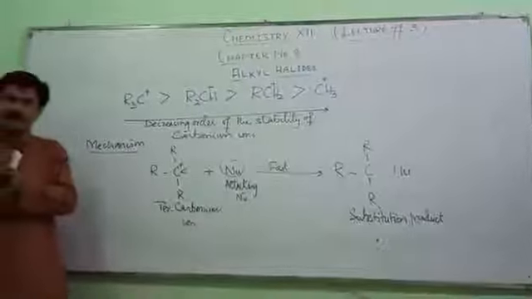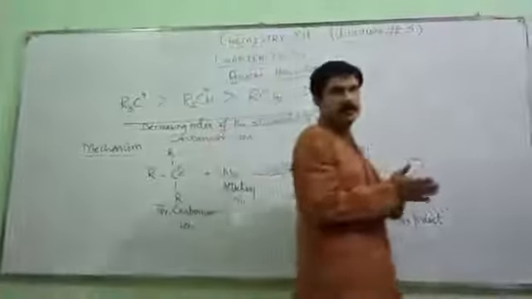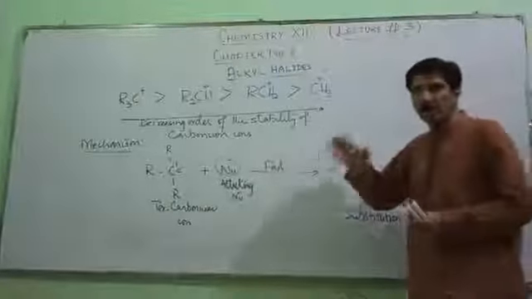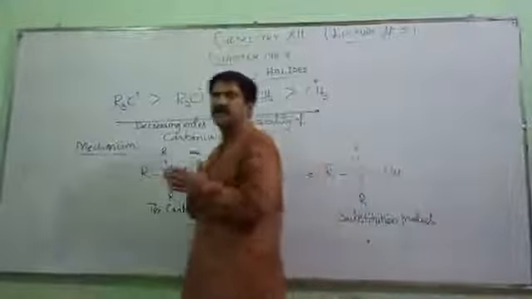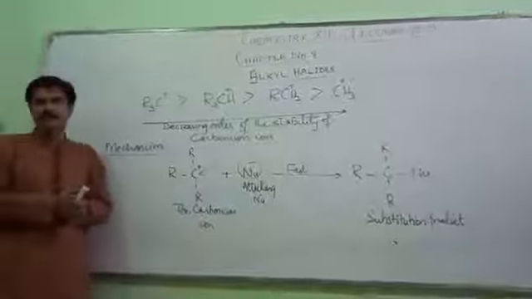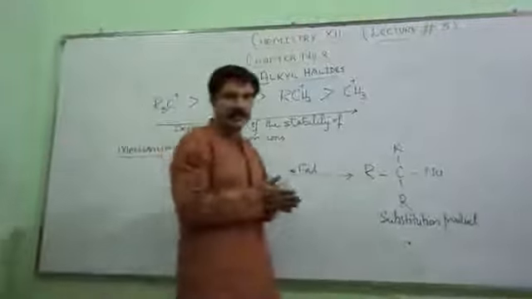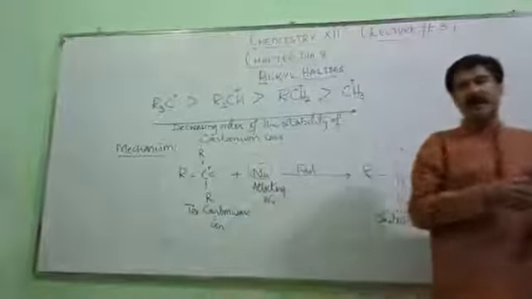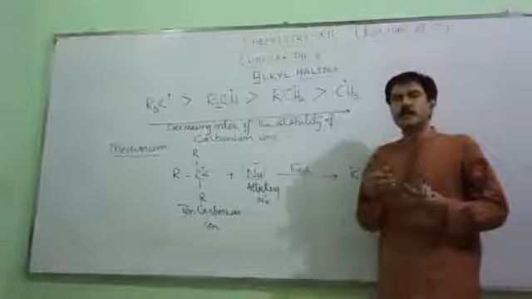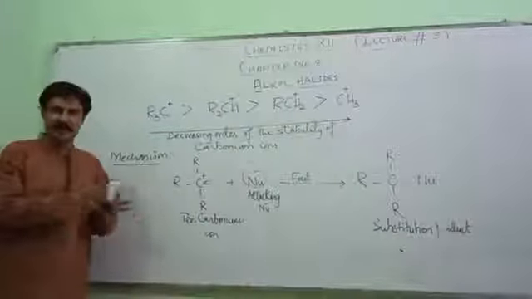If the secondary alkyl halides go through the mechanism using non-polar or non-ionizing solvent, they will go through the SN2 mechanism. While if the secondary alkyl halides are reacted in the presence of ionic or polar solvents, they will go through SN1 mechanism.